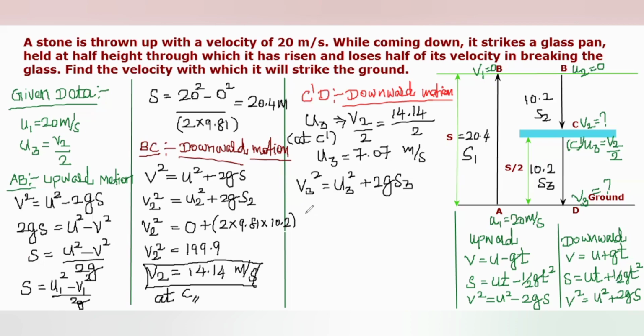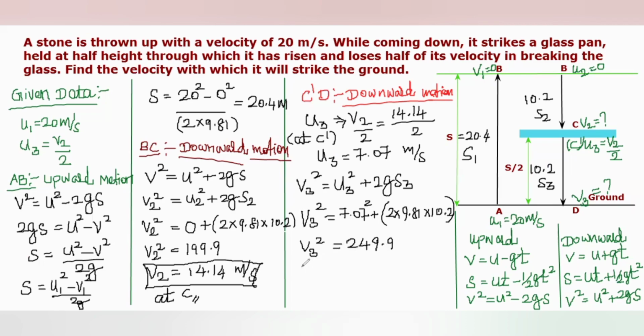So V3 square equals 7.07 square plus 2 multiplied by 9.81 multiplied by the S3 value, that is 10.2. When you simplify, we will get V3 square equals 249.9.